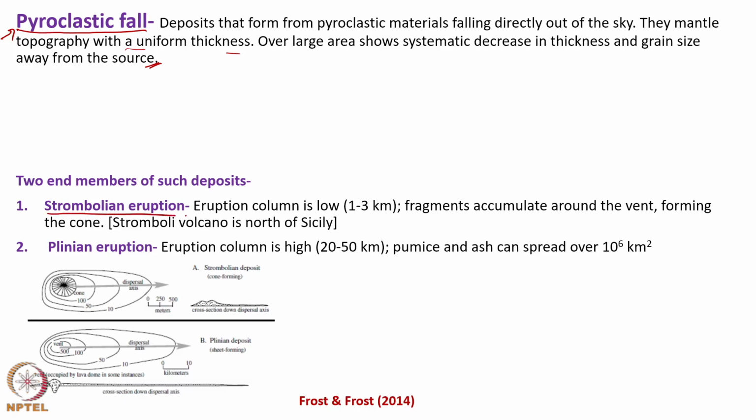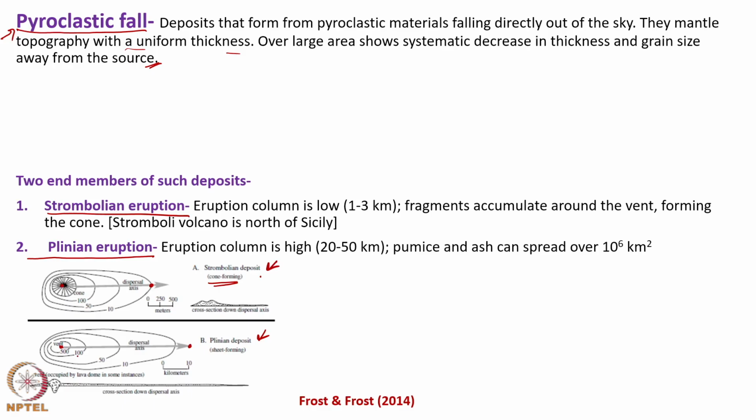One is a strombolian eruption, another is a Plinian eruption, and these are the figures of the strombolian deposit and the Plinian deposit. The strombolian deposits tend to form cone geometry. As you see, eruption from here to here has happened, whereas in the case of the Plinian deposit there were more fine grained ash particles and it has moved a greater distance than the strombolian deposit.